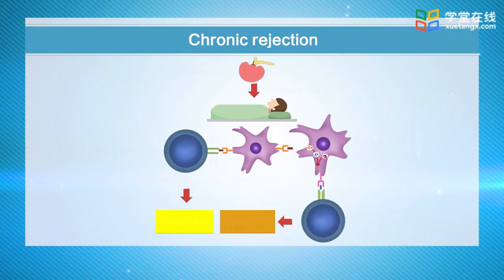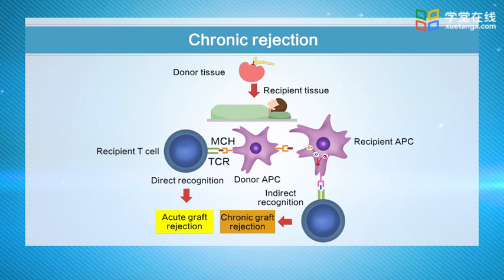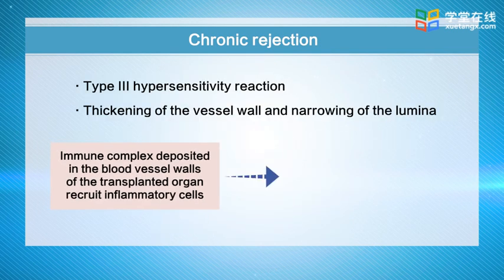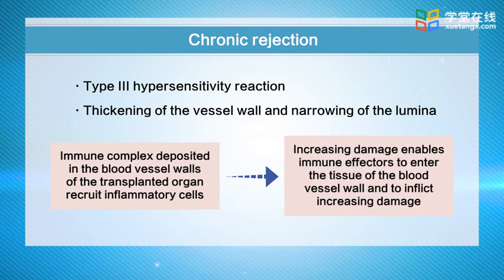Finally, chronic rejection is an indolent form of graft injury that occurs over months or years, leading to progressive loss of graft function. Chronic rejection manifests as interstitial fibrosis and gradual narrowing of graft blood vessels.